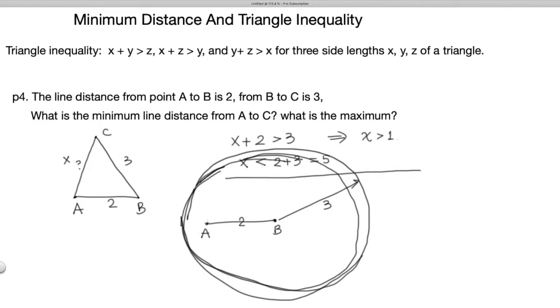Now, on these potential points of C, where should it be so that it has the smallest distance? C can be anywhere on this circle. Where should it be so that AC is the smallest, and where should it be so that AC is the largest?